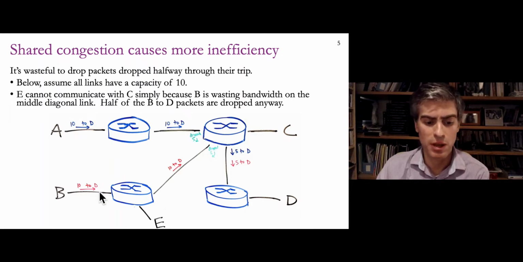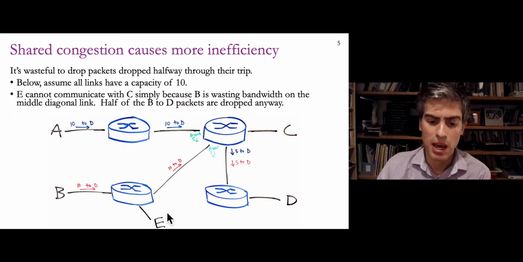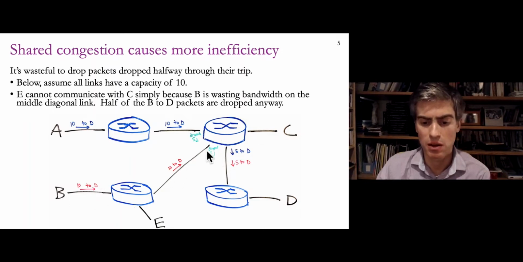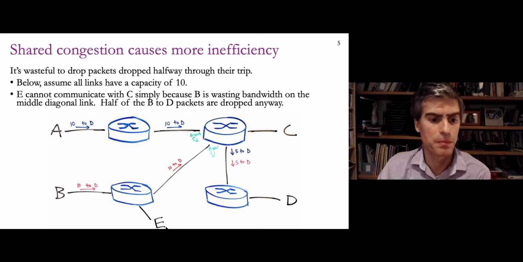So if we had just dropped those packets earlier, then for example, E would be able to communicate with C. Right now, if E wants to communicate with C, there's no capacity left on that path for it to communicate because B is using that capacity, and it's wasted capacity because half of those packets are going to be dropped anyway by the next router, right?